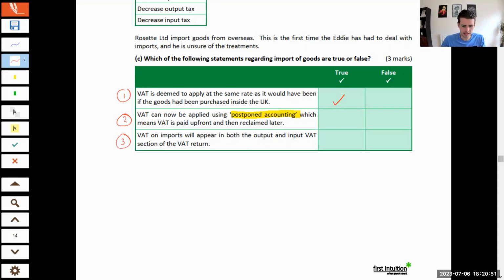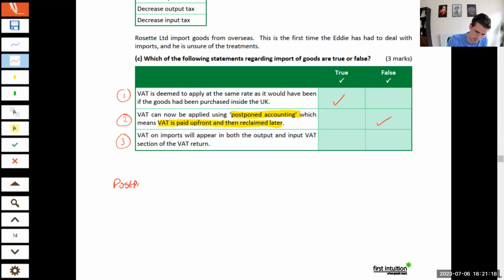However, it's saying that if we use postponed accounting, the VAT is paid up front and then reclaimed later. Well, I've spoiled that one a little bit, because that's not what postponed accounting is. This is false, because what it's describing isn't postponed accounting. It's describing the original treatment, the normal way of doing it.